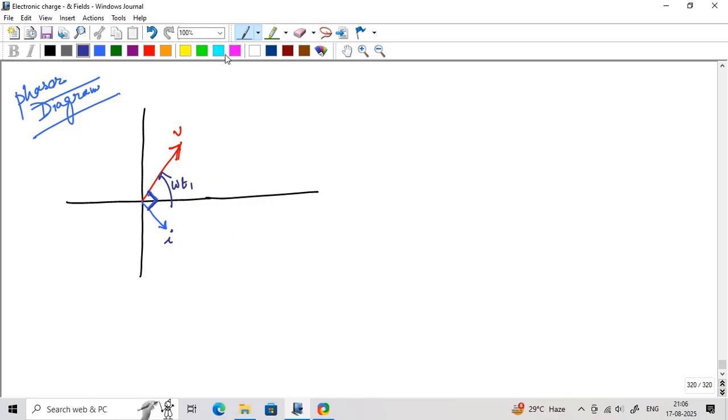If I try to draw the phasor diagram, the maximum voltage is from the origin to the maximum. This is the voltage diagram.